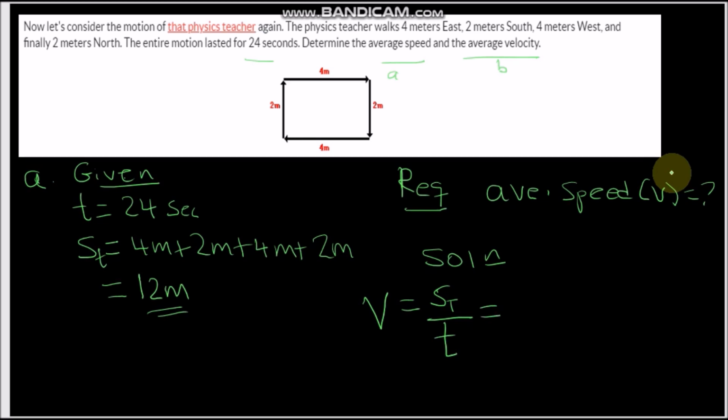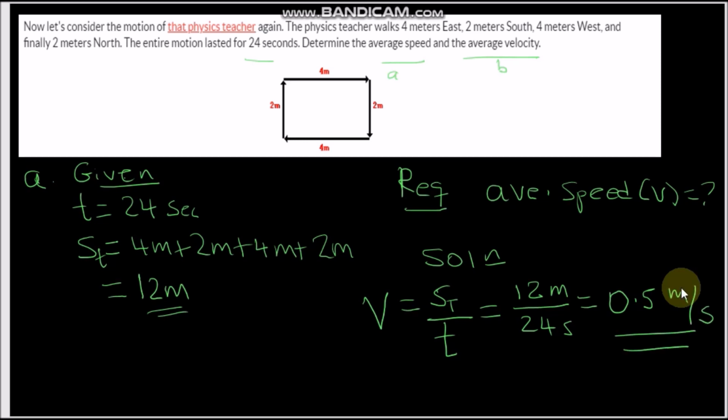The total distance covered by the teacher, we calculated here, is 12 meters, over the time to complete the total distance, which is 24 seconds, which is equal to 0.5 meter per second. That is the value for the average speed.